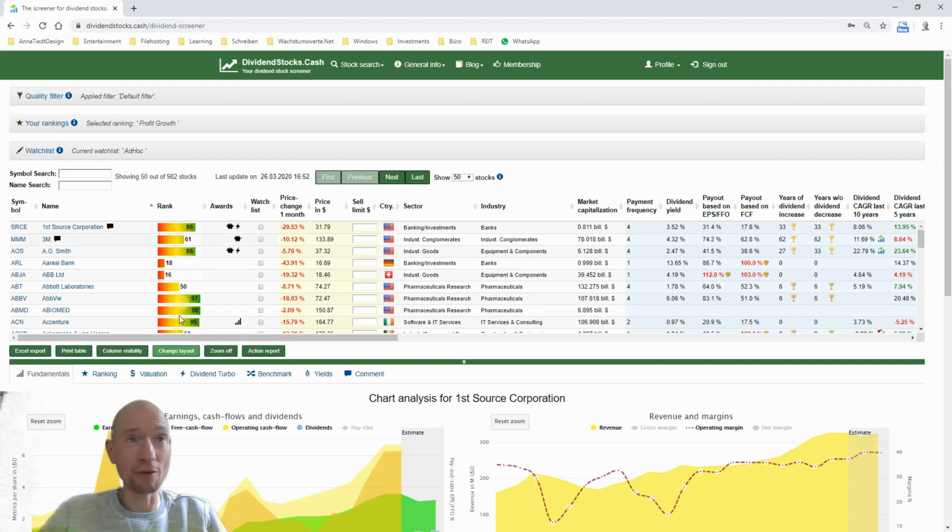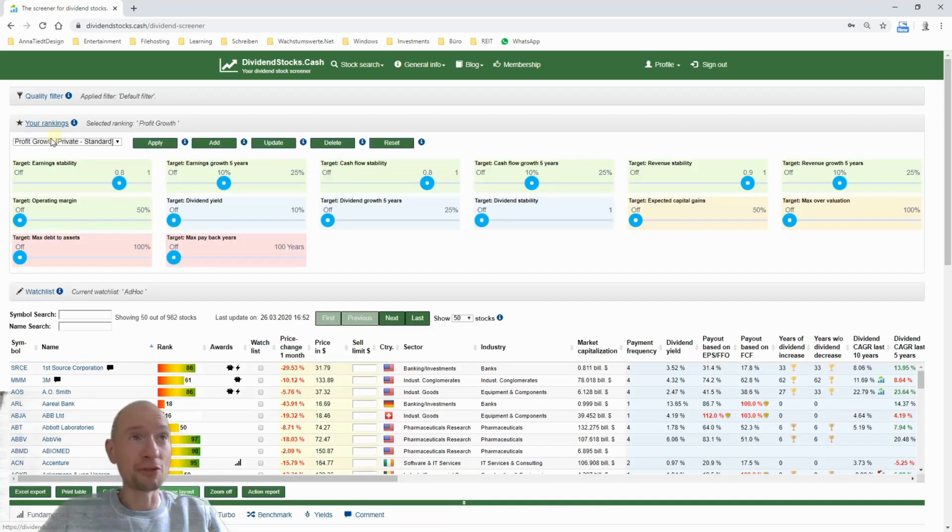It's very easy. You have a ranking column here, and you just need to create a ranking which reflects stable long-term profit growth. There's already a ranking here which is close to this. You see these green fields here, and they are all profit-related fields. We say this field considers stable earnings growth, the reported earnings this way, and one is the extreme, so there's not a single stock matching this one, I guess.